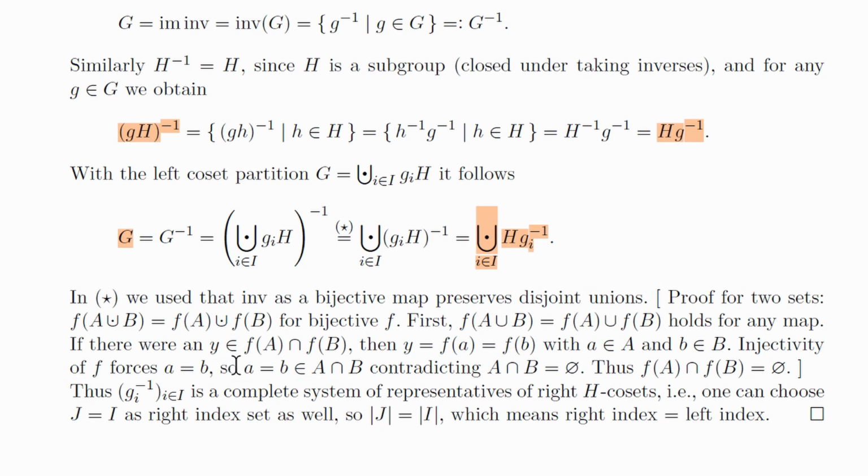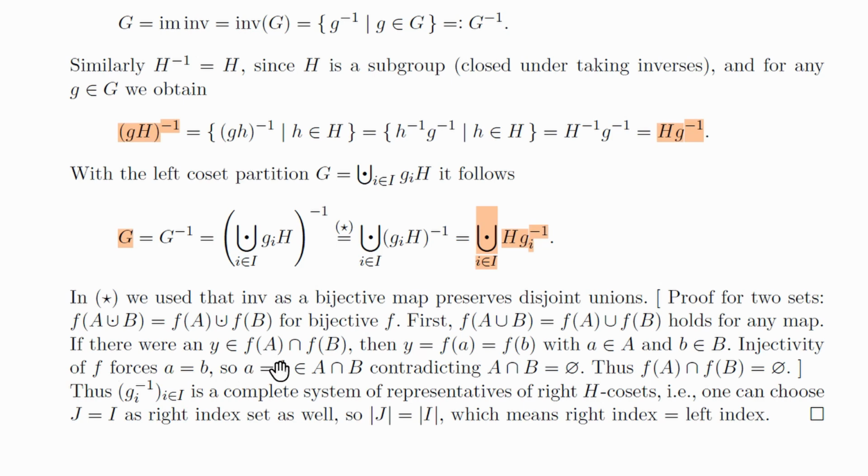So let's assume there were an element in the intersection of these sets. So we assume they are not disjoint. This means that y can be written as f of some a, because it lies here, and as f of some b, because it lies here, with a in A and b in B. But now because f is injective, this already forces a to be equal to b.